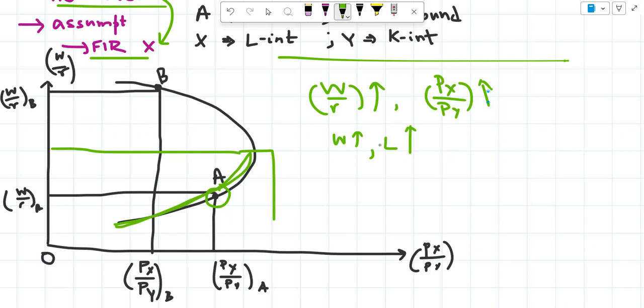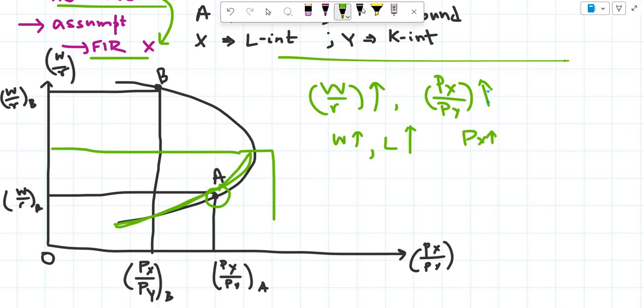So basically we see that as the economy is facing a higher wage rate, it is charging a higher price for the commodity X. And as the economy is seeing a reduction in the rate of interest, it is seeing a reduction in the price of Y. So that is true for this part of the economy. Px is also increasing.